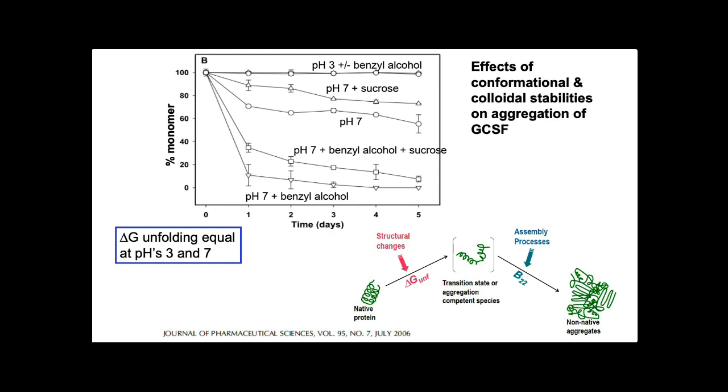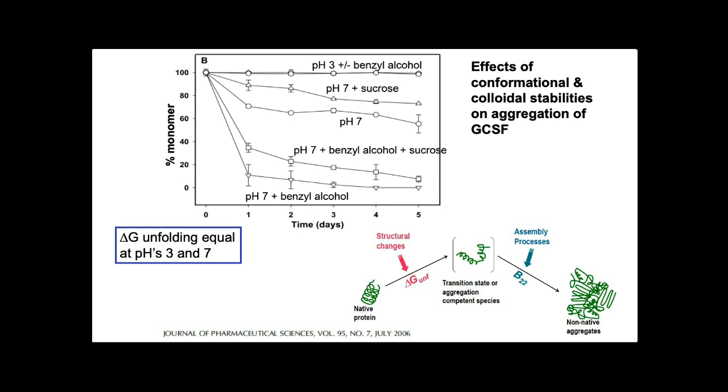The reason for this is that benzyl alcohol causes a partial unfolding of the protein, which then fosters a high level of aggregation. Interestingly, first off, this can be partially blocked by sucrose, which inhibits some of that unfolding.